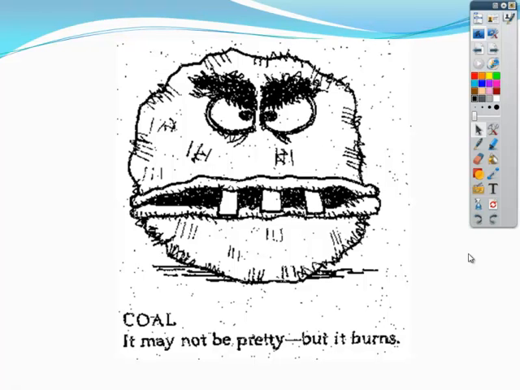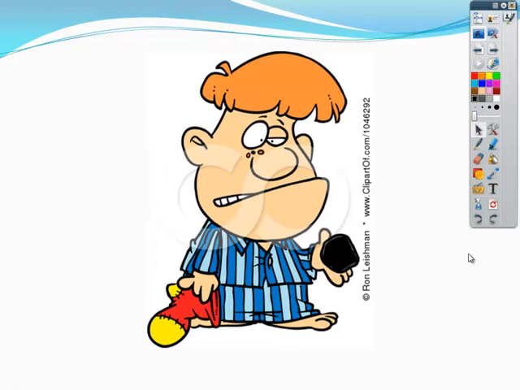So the question is, do the benefits of producing cheap, reliable energy, because the amount of coal we have in this country will last us hundreds of years, outweigh the negatives of the pollution and the environmental impact? That is a question we all must consider when we think about coal.